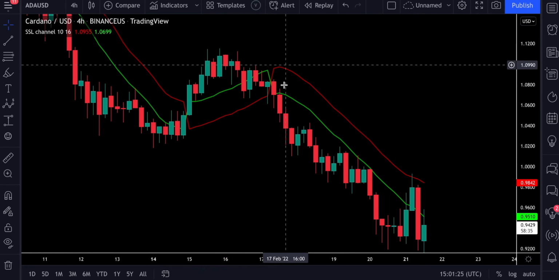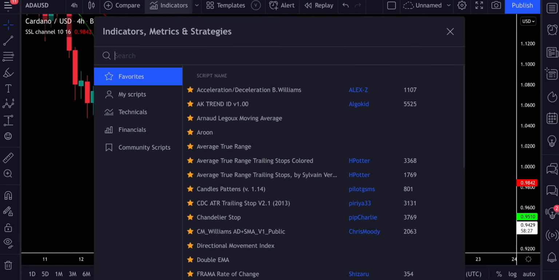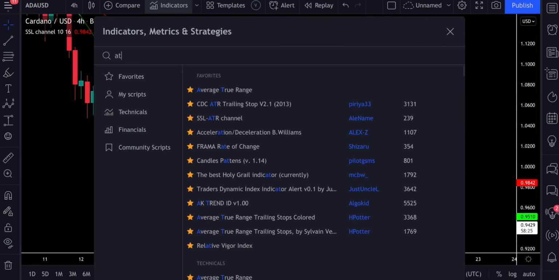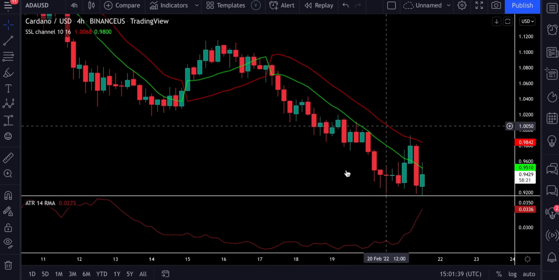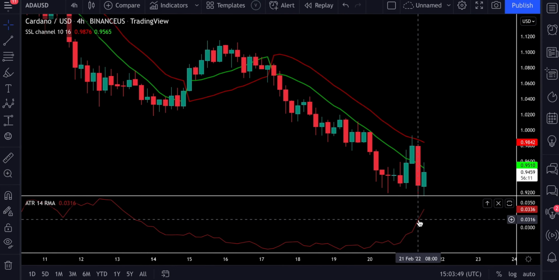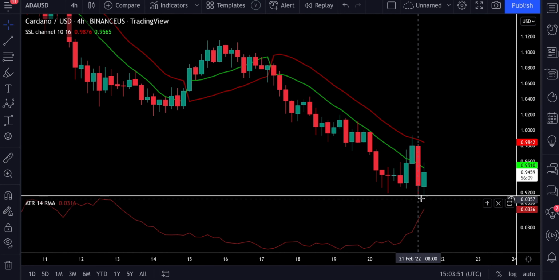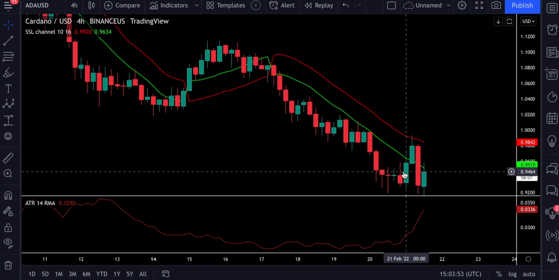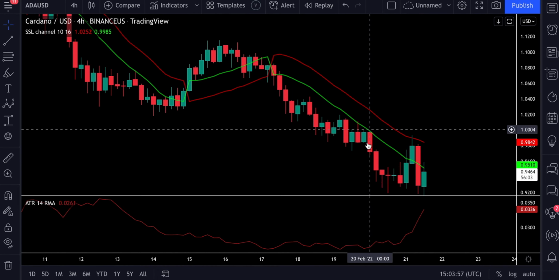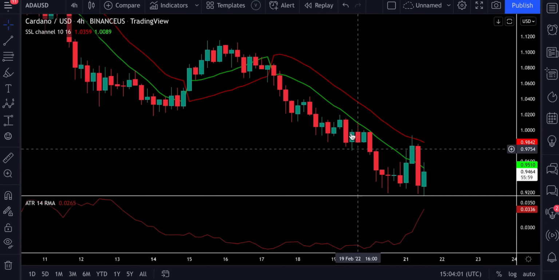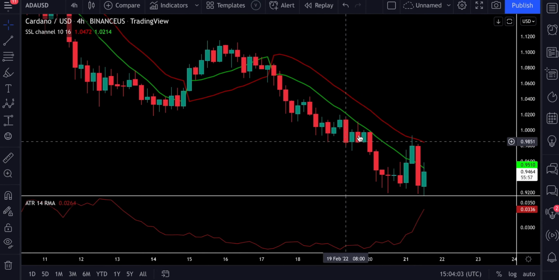Okay. First of all, we're going to place our stop loss based on this indicator, Average True Range. What this indicator does is it takes into account the last 14 time periods and calculates the average length of a candlestick. This is a very important indicator because it shows you the volatility of the market.